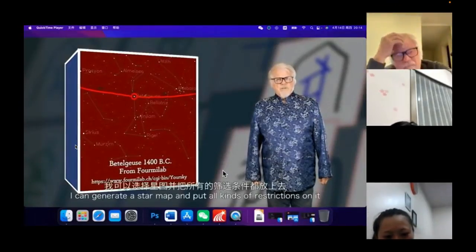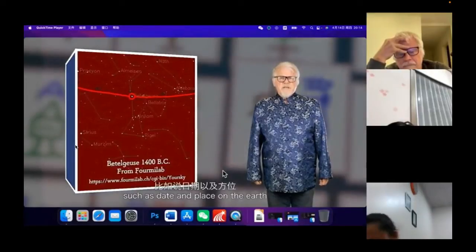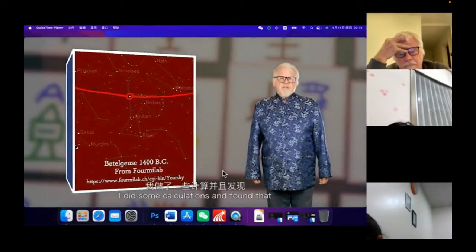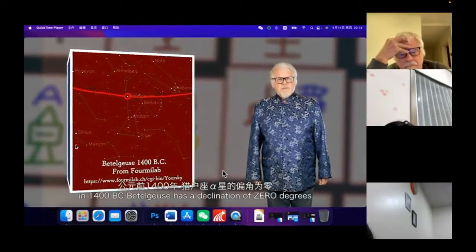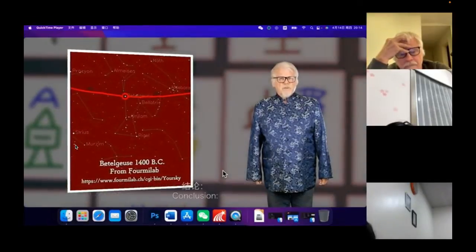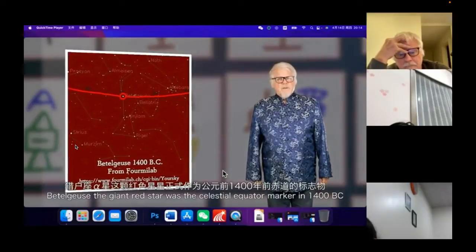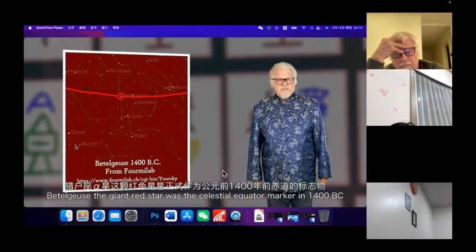I can generate a star map and put all kinds of restrictions on it, such as the date and place on Earth. I did some calculations and found that in 1400 BC, Betelgeuse has a declination of 0 degrees. Conclusion, Betelgeuse, a giant red star, was the celestial equator marker in 1400 BC.